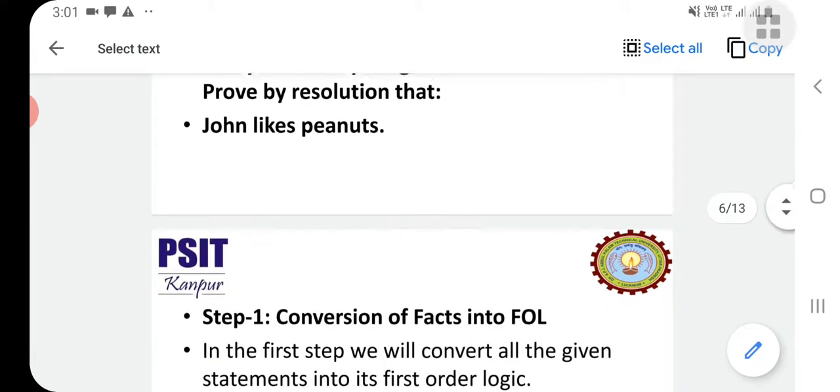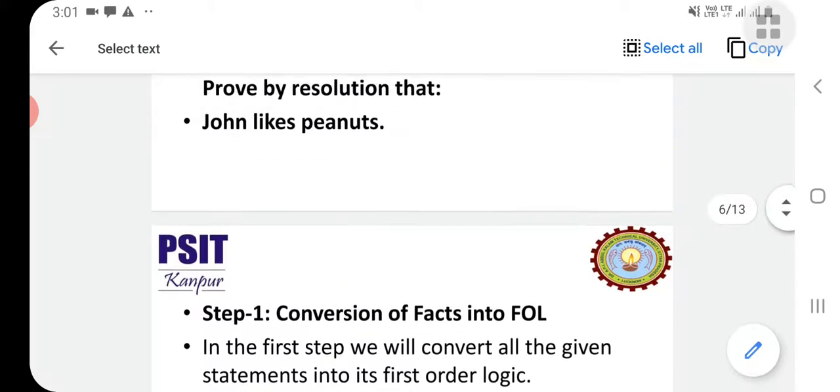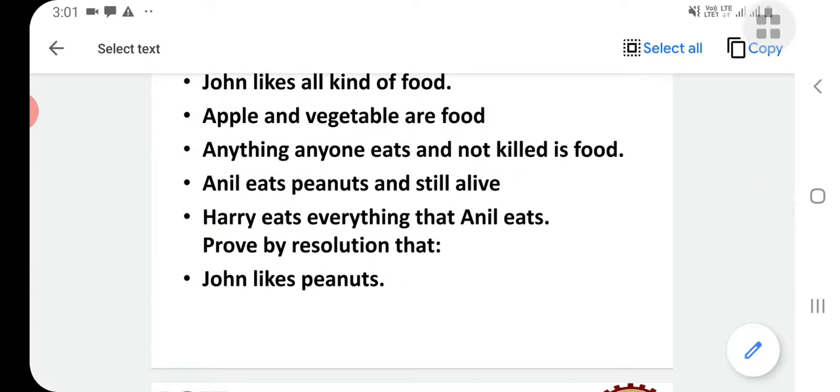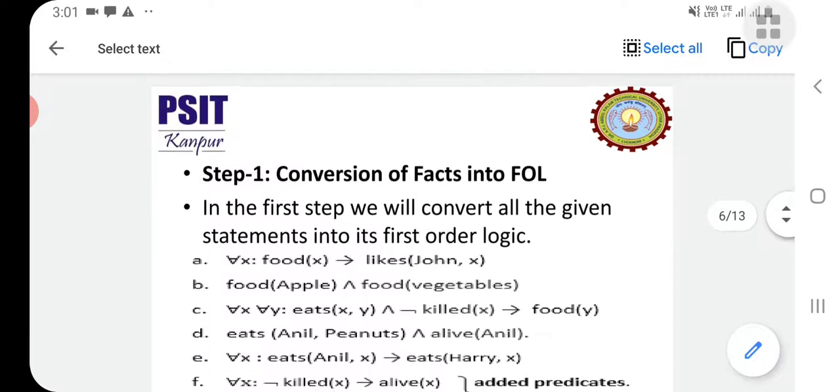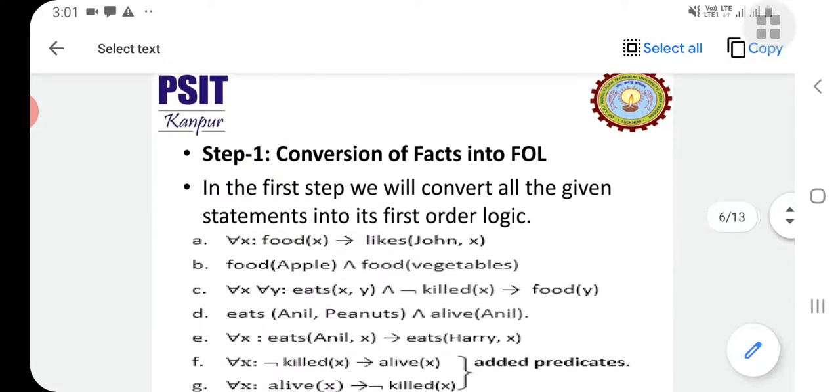Eats is a predicate here, so eats x comma y, and now we are using and, not killed. Not means negation. Try to focus on step number 3, that means point C: negation killed y, and so it implies food x.